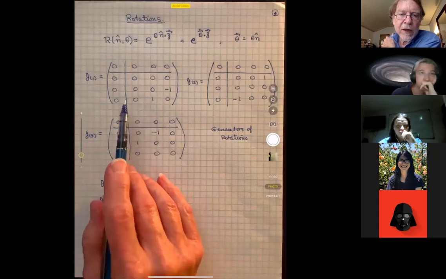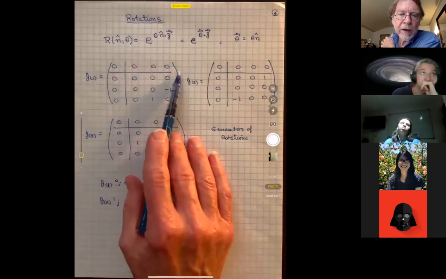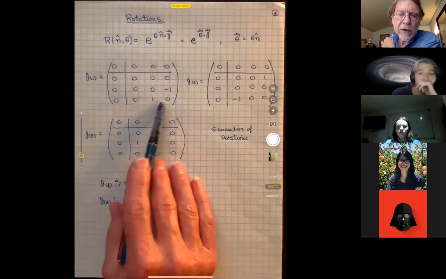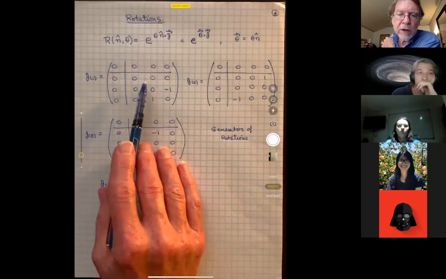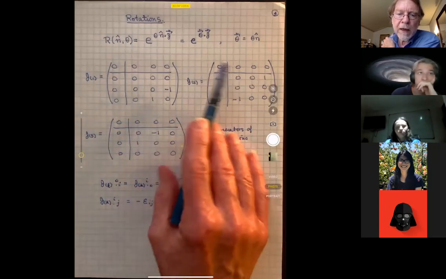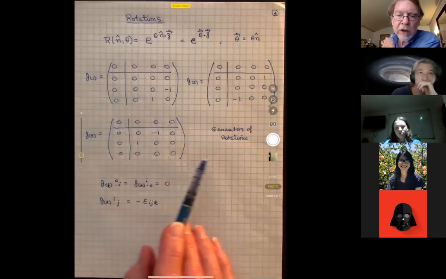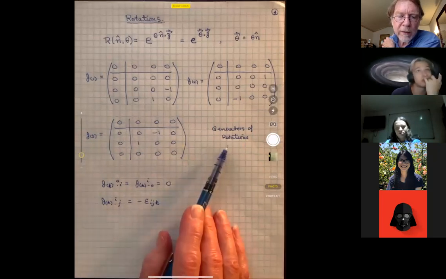Now, these J matrices have zeros in the time row and the time column. And in the spatial part, they're the same J matrices we used last semester with no change. So except for adding a trivial row and column to take care of the time coordinate, this is just what we did last semester. And these then are the generators of rotations, now regarded as a subset of Lorentz transformations.